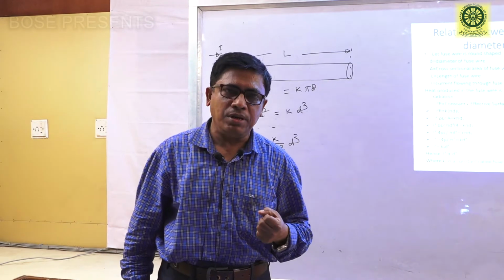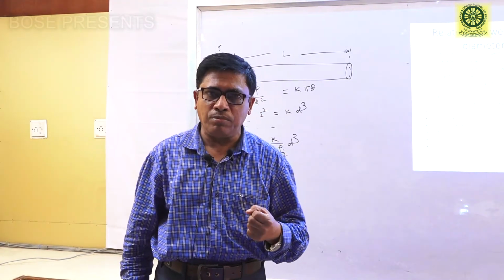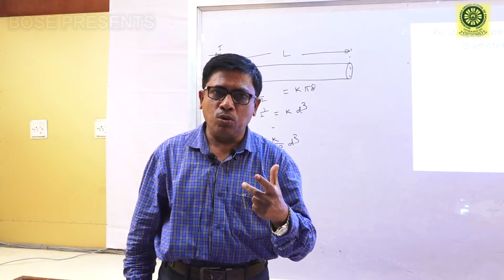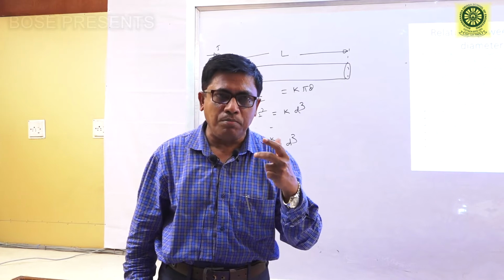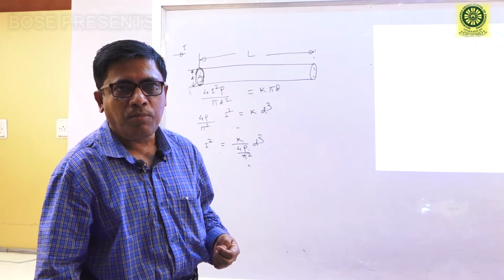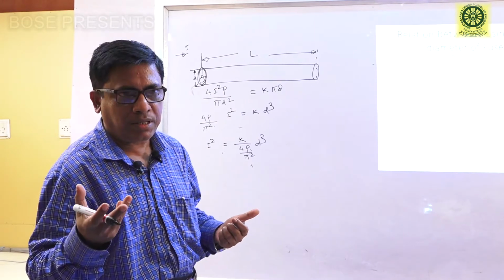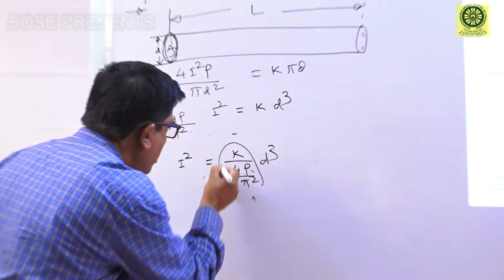What is resistivity? Now it depends on the metal. It may be copper, it may be aluminium, it may be silver, it may be iron, it may be gold. So resistivity of different metals is different. For example, copper 1.76. So different values are there. So this is a constant.